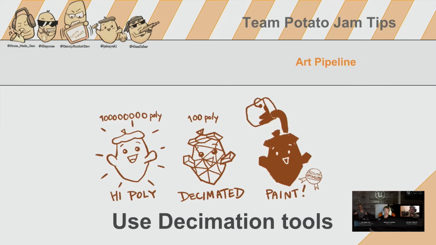I'm talking about all the crappy props and everything, anything you can dig out. Even if you have like 100K vehicles or whatever, just use decimation tools. Use it relentlessly. Just cut it down to 10%, to 5%, and just drop it in the level. It'll look fine. It doesn't have to be perfectly optimized, but it will work fine. So yeah, decimation tools are the way to go.